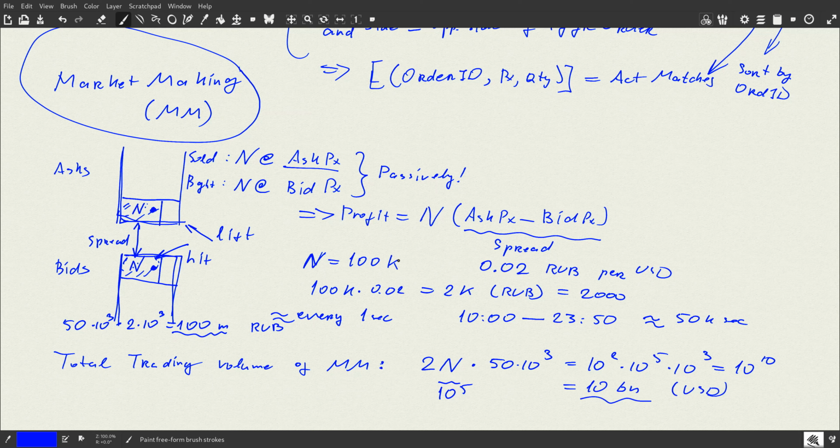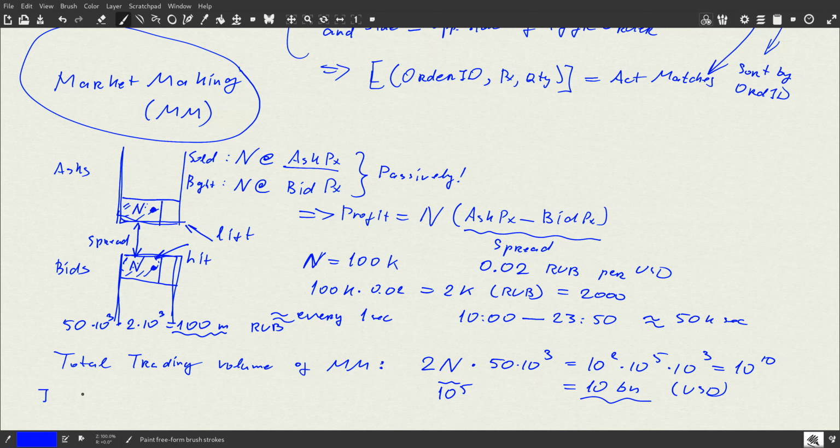But the total trading volume of the whole currency section of the Moscow exchange, and it's not only of us, it includes all other market makers, all other aggressors, and so on.